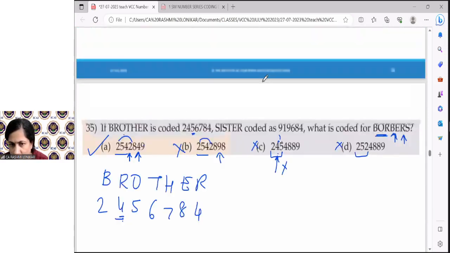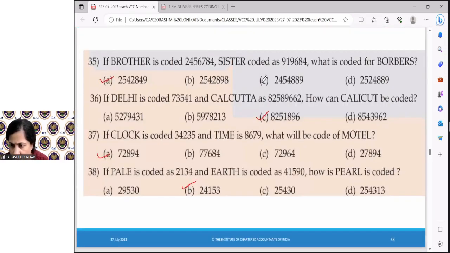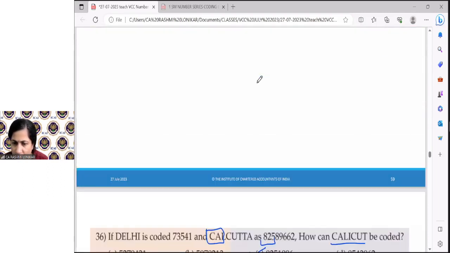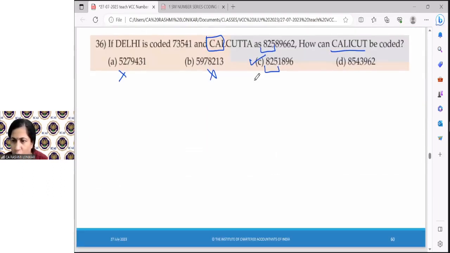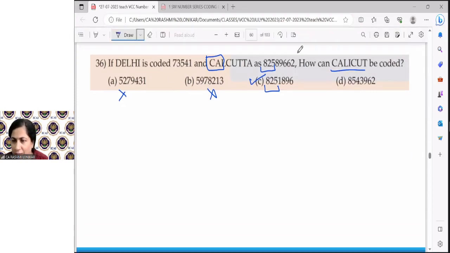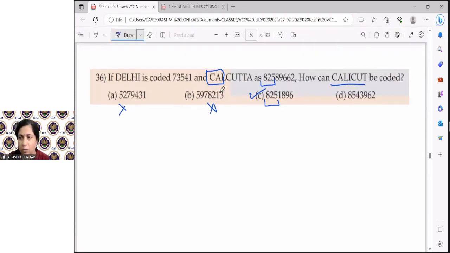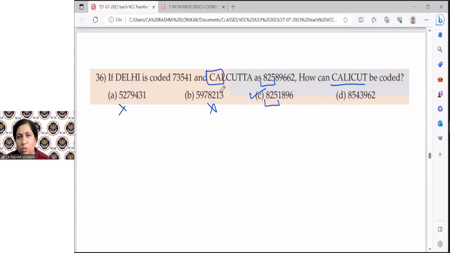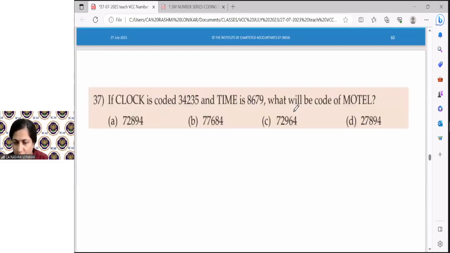Just let me check the answer. Yes, 825. Okay. So sometimes you don't have to do everything because Calicut is so near Calcutta. So CAL is common. So here obviously 52 and 59 is out of question. Then 825 and 854. But here CAL is same as CAL. So this is the shortcut. You don't have to do the calculations.